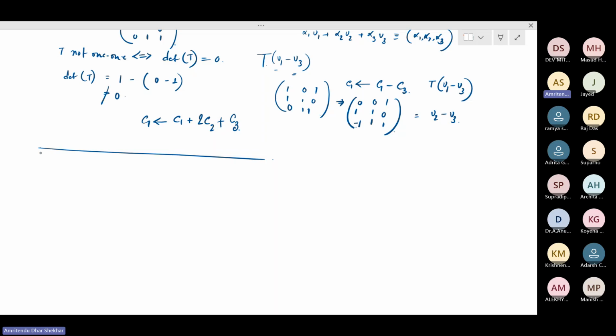So if there is a map between two vector spaces, let's say Rn to Rm, then for a given choice of bases B and B prime for Rn and Rm, we know how to represent the matrix which corresponds to this linear map.